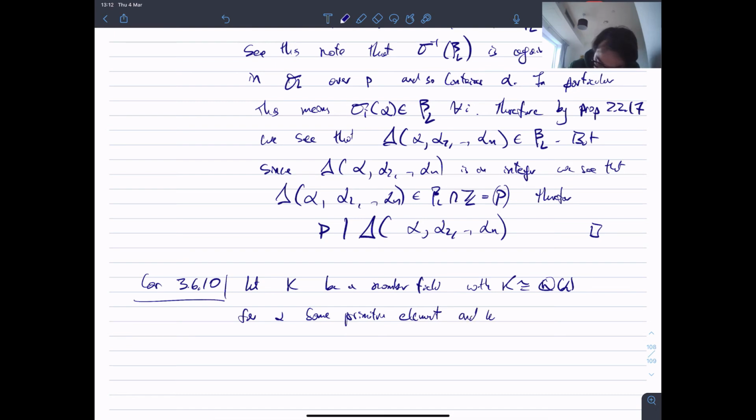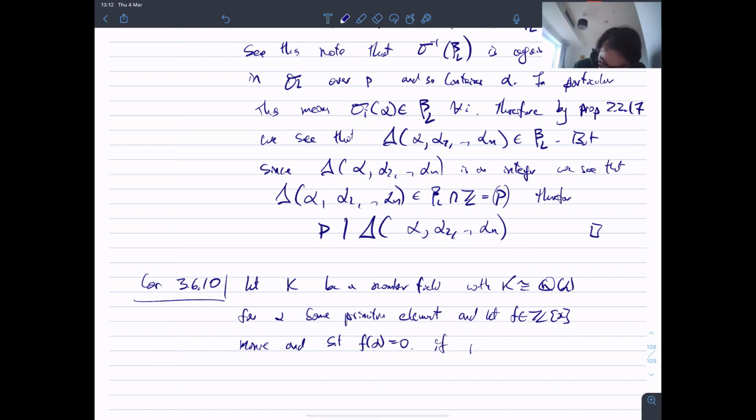And I'm going to let f be some polynomial in Z[x], which is monic, and such that f(alpha) is 0. So it could be the minimal polynomial, but it doesn't have to be.